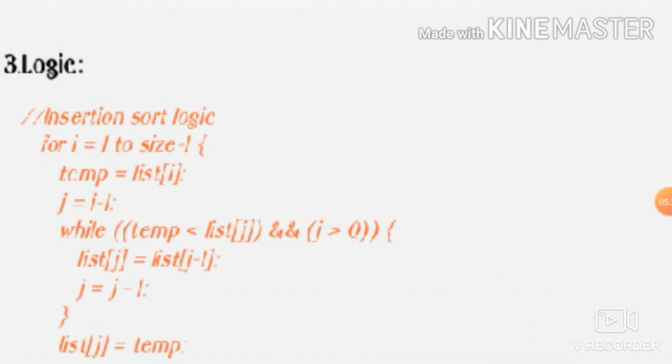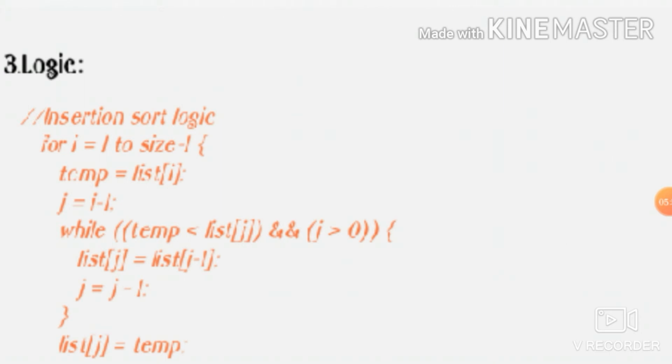Here is the insertion sort logic. We already know how to read the elements and initialize the terms. Using a for loop, for i equal to 1, which is the pivot, up to size minus 1, which is n minus 1, list of i is assigned to temp, where j is i minus 1, which is preceding the pivot.